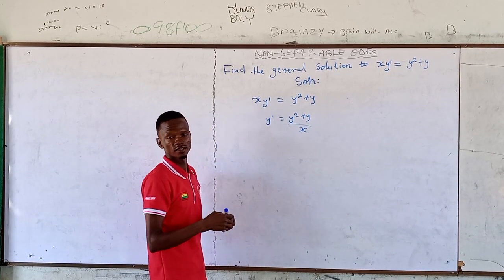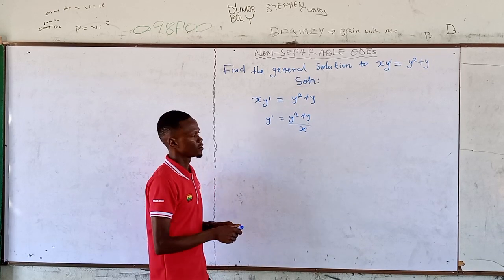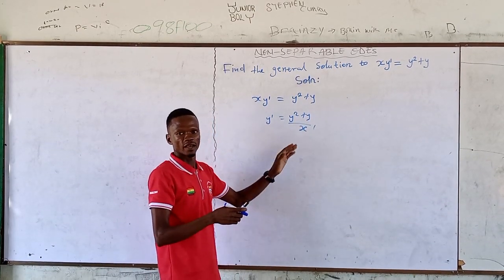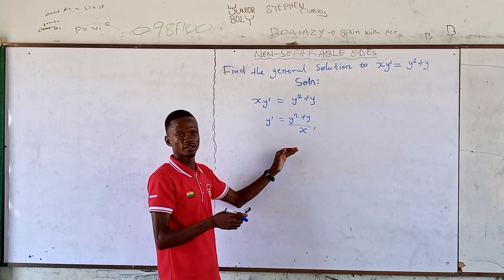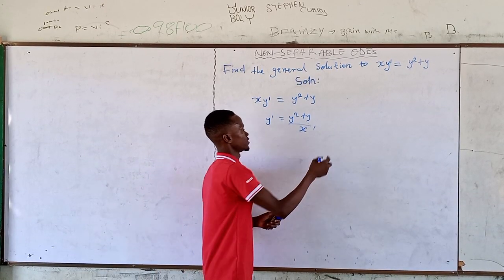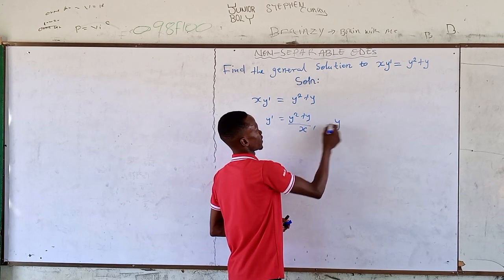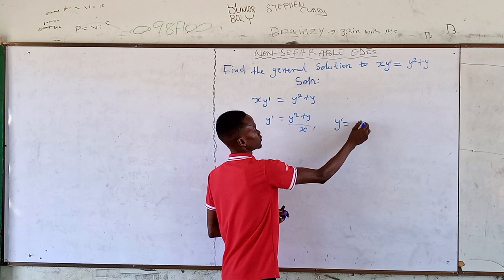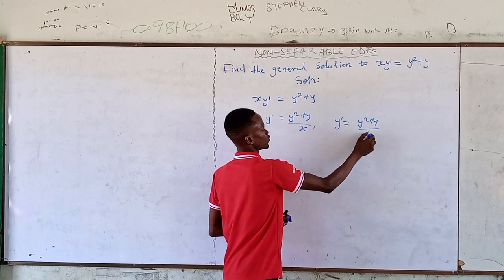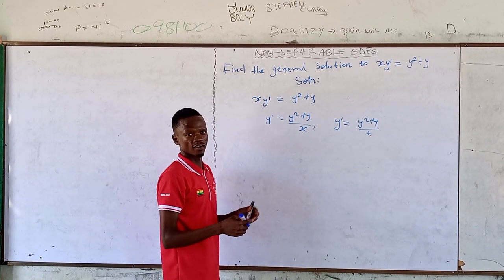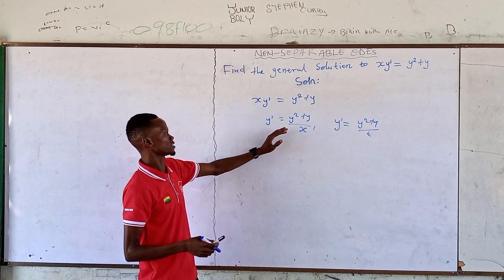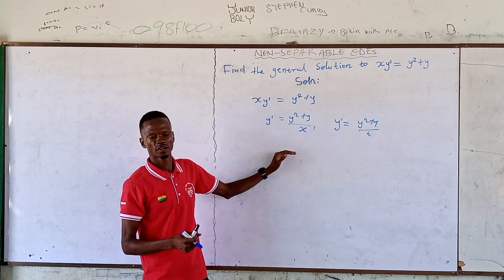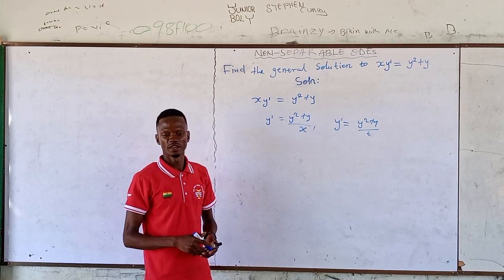In some cases, the independent variable x would be t, and the question is stated as solve y prime equal to y squared plus y all over t. Whichever version of the question, it doesn't matter. So we want to look at how we find a solution to this particular ordinary differential equation.